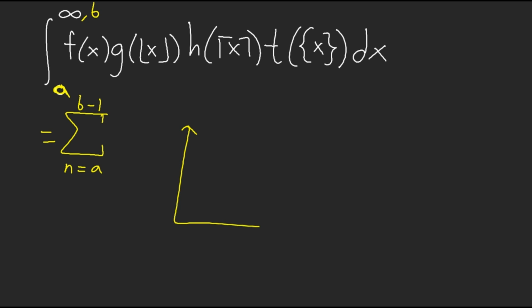And the reason is because if you think about it, from a to b, you start with a and you kind of initially start counting. You go up to a, then to a plus 1, and then you go up to b minus 1 here.